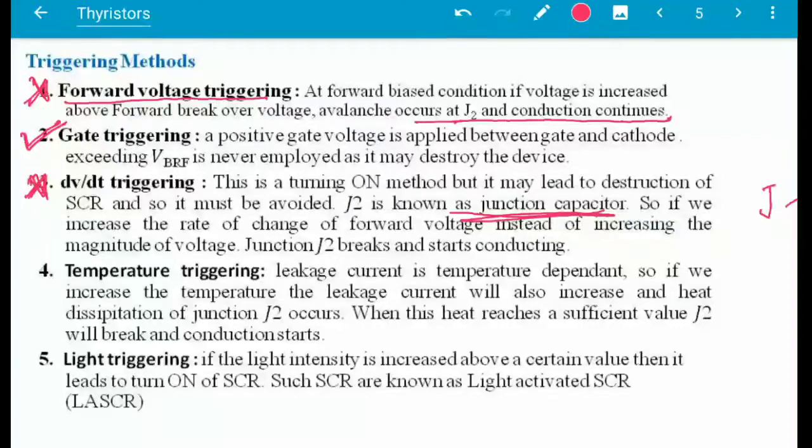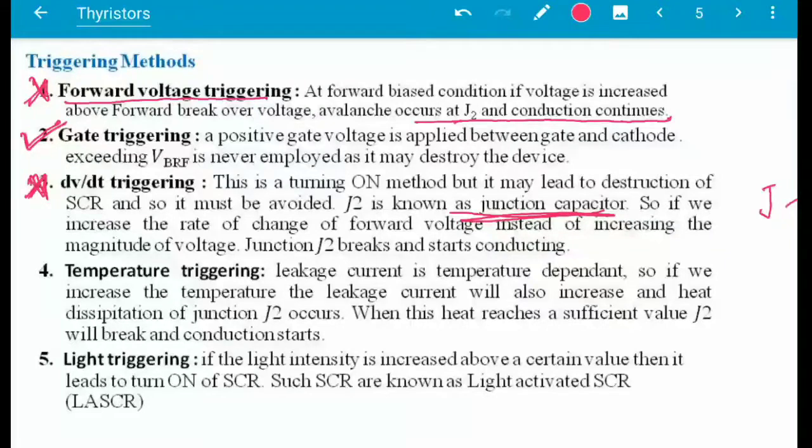Leakage current, forward leakage current, is temperature dependent. As I have already shown in the characteristic, if we increase the temperature in case of a diode, then earlier breakdown occurs.